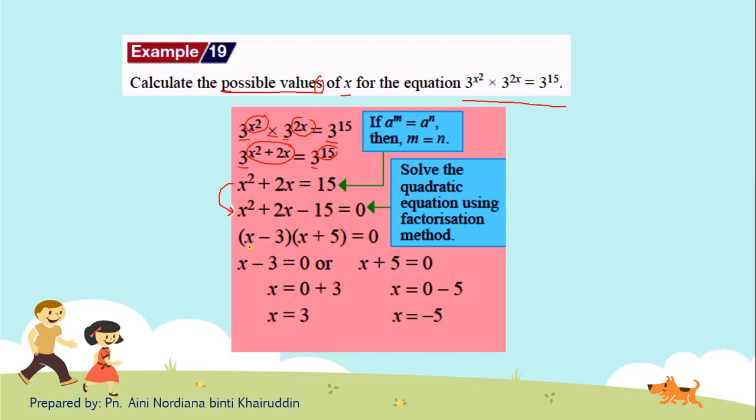If you don't know how to do this, you can refer to your last year lesson. So then you get x equals 3 and x equals negative 5. So these are the possible values of x.